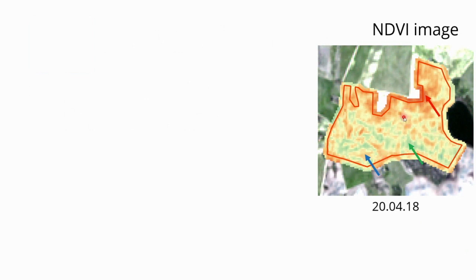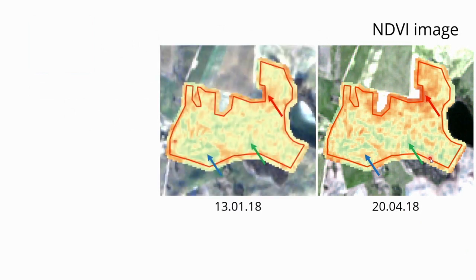So this is an NDVI image. Those brown parts mean bad condition of vegetation, and this green means better condition, of course, and yellow something in between. We have it after the winter, so we can see that there are a lot of damaged parts of this parcel, but we can also use the image.